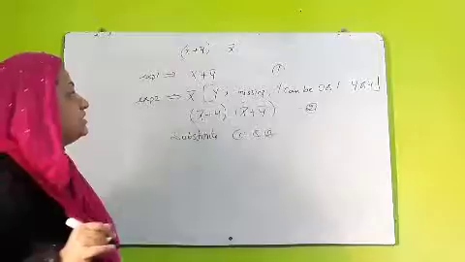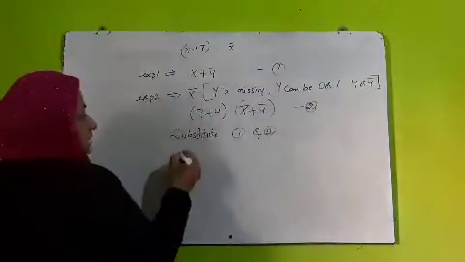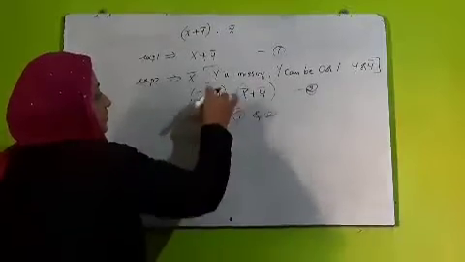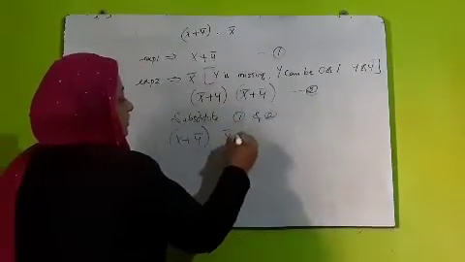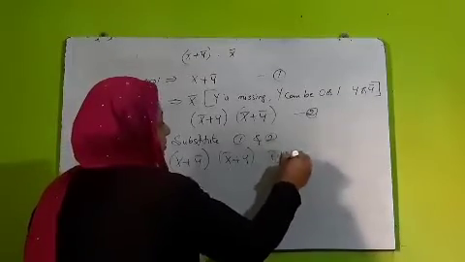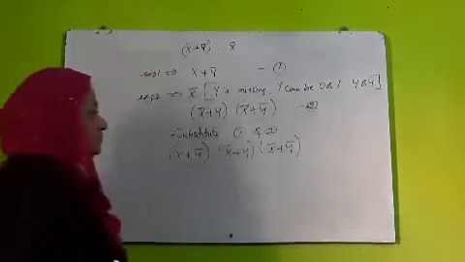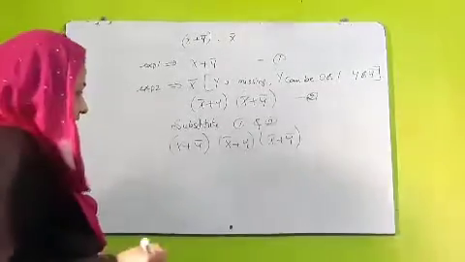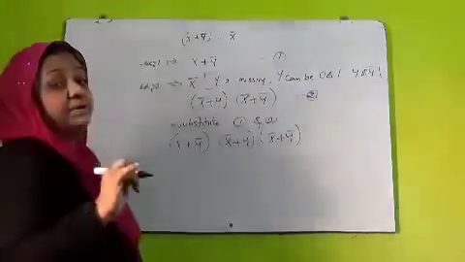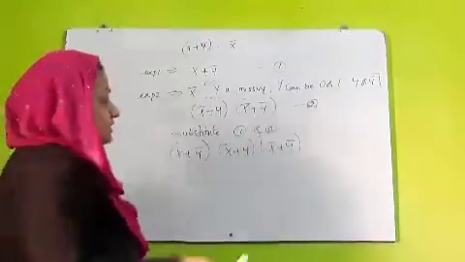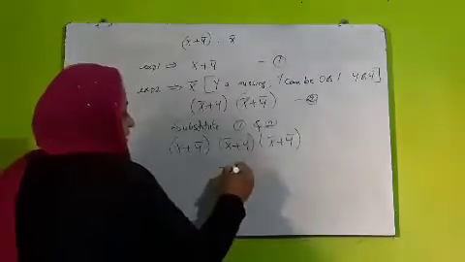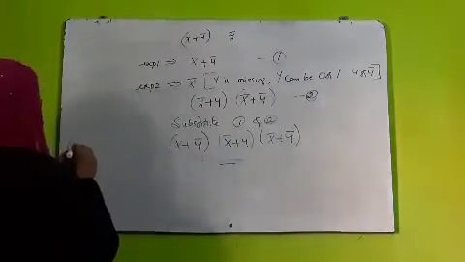Expression 1 is x plus y bar. Expression 2 gives x bar plus y and x bar plus y bar. Now let us see if there are any repeated expressions. As we can see, there are no repeated expressions. This is the canonical form of POS.